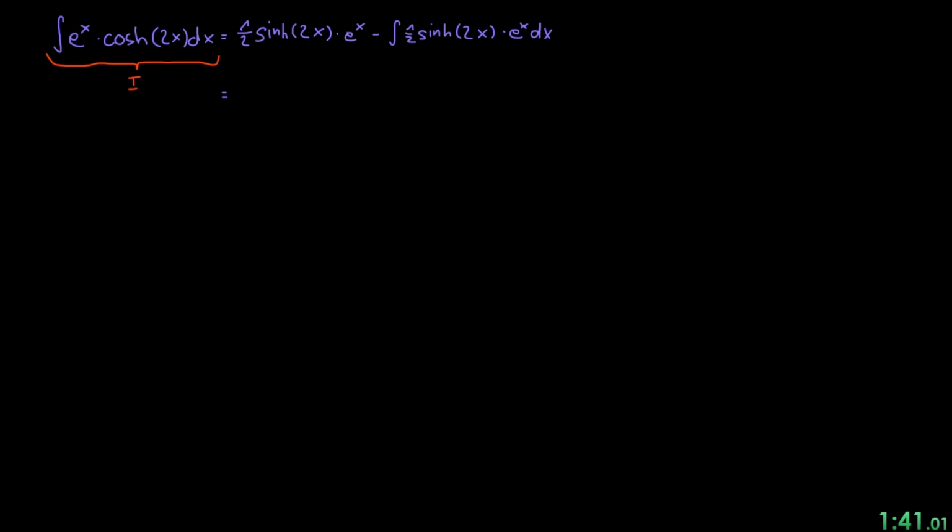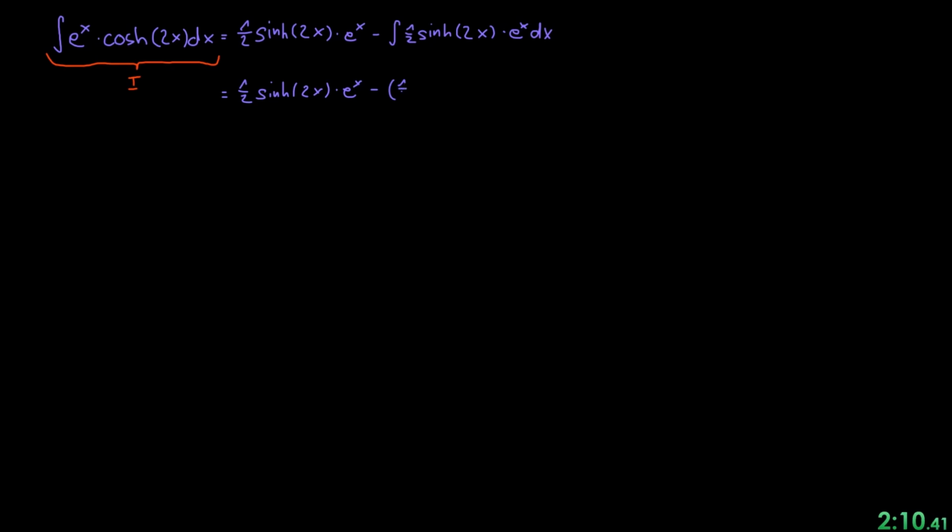So what we're going to do is do it again. The first part doesn't change. We have 1 over 2 times the hyperbolic sine function of 2x times e to the x minus, and we have to open parentheses here, and the integral of the hyperbolic sine function is just the hyperbolic cosine function. But again, we need to apply the chain rule. So we have a half times a half, which is a quarter.